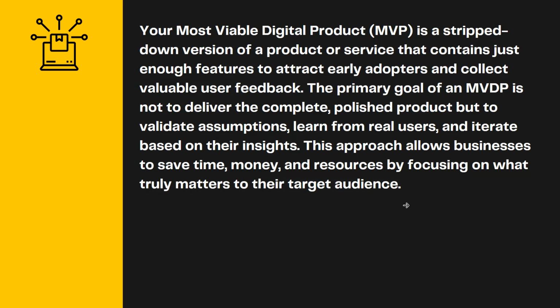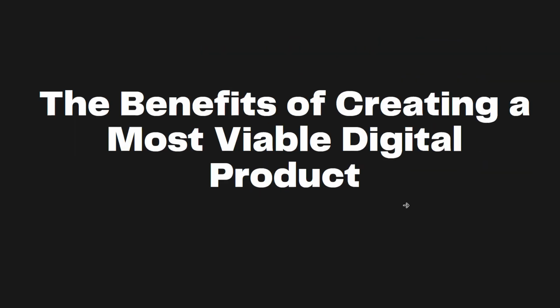Now, the primary goal of an MVDP is not to deliver a complete polished product, but to really validate your assumptions. You want to learn from real users so that you can really make changes based upon their insights. Now, this approach allows businesses like you to save time, money, and resources by focusing only on what truly matters to your target audience, which makes perfect sense.